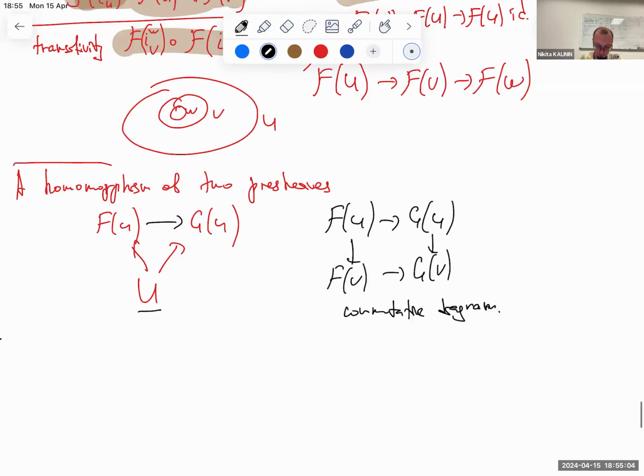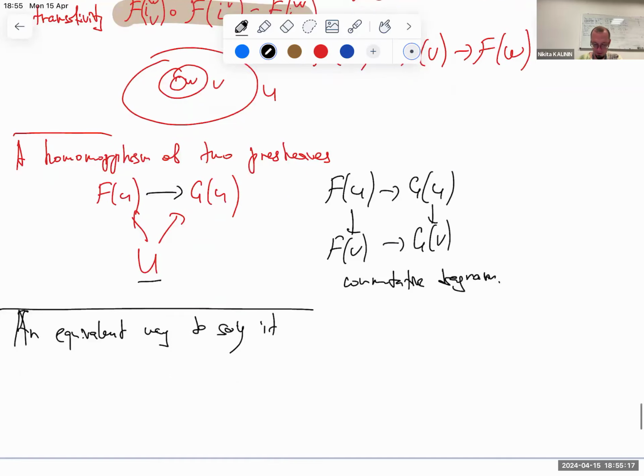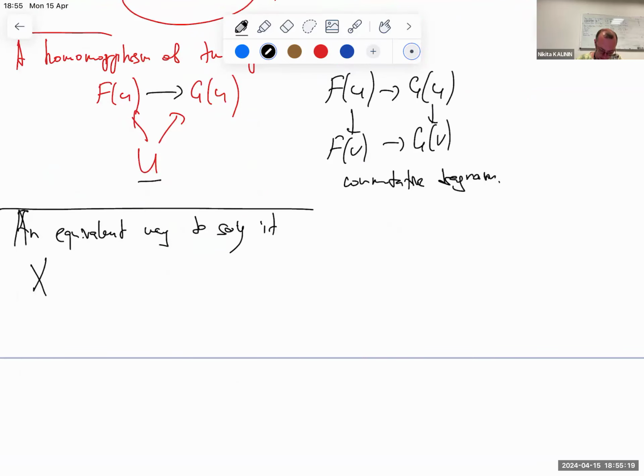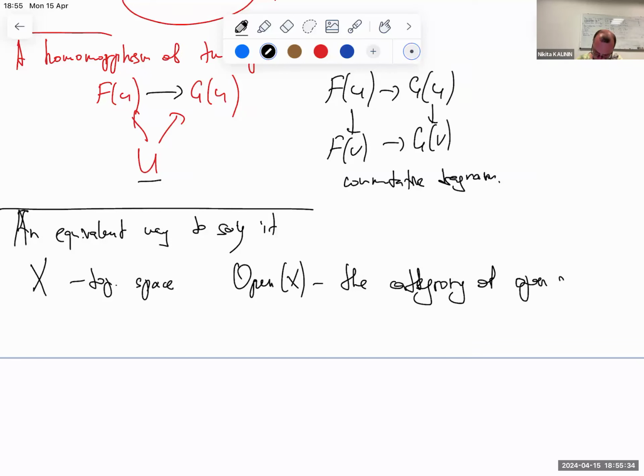So another, equivalent way to say it is the following. If we have a topological space X, one can define the category Open(X), the category of open sets in X. You have a category, so you must have objects.